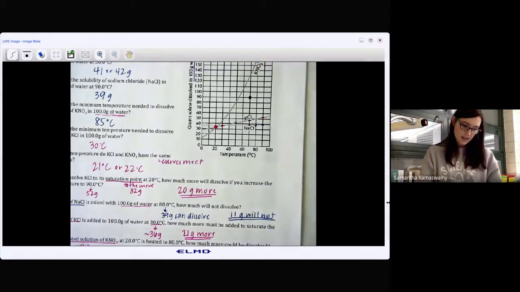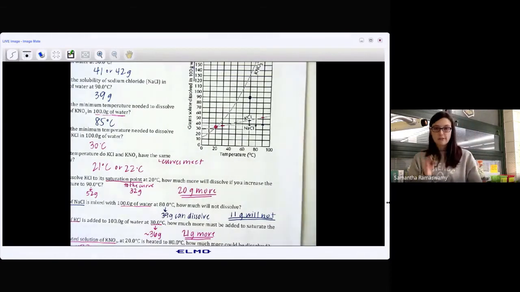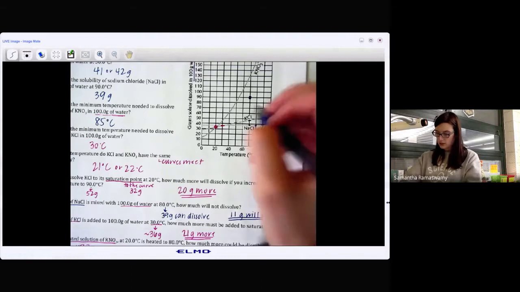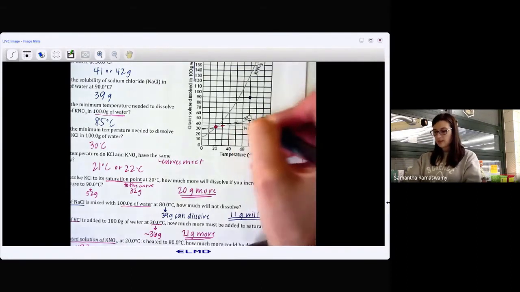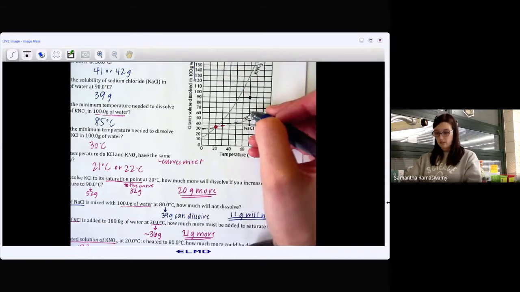So this is where in the notes it talked about looking at the curve. The line itself represents a saturated solution. So this line of KCl represents the saturated solution. If you have too much solid dissolved at a given temperature, that's supersaturated.